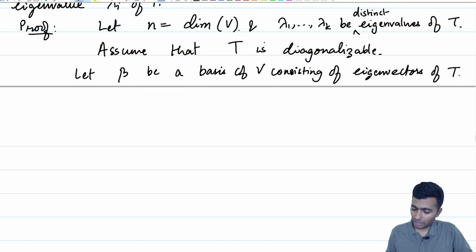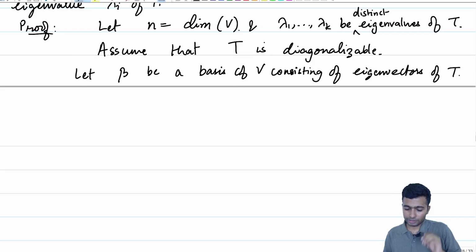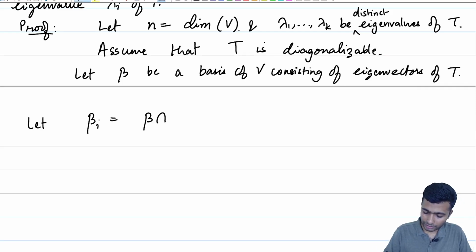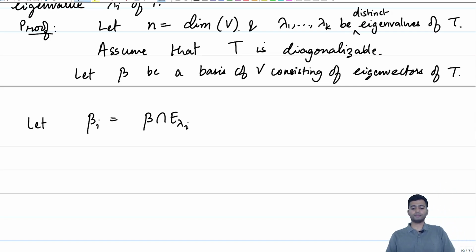Okay, so we have a basis beta, and let beta i be equal to beta intersected with E lambda i. So, beta i captures those eigenvectors in beta corresponding to lambda i.